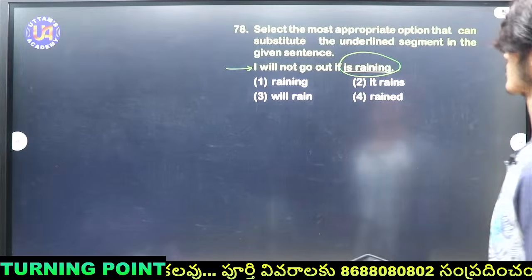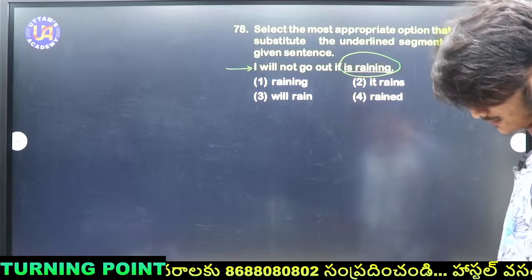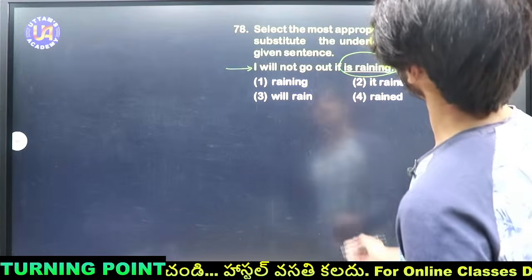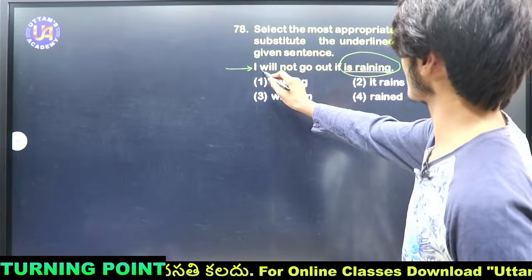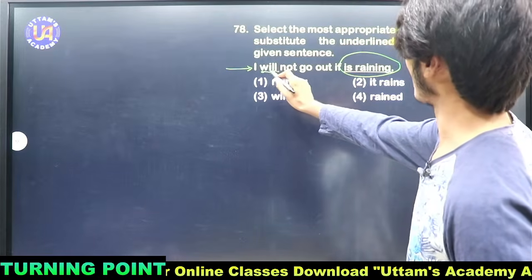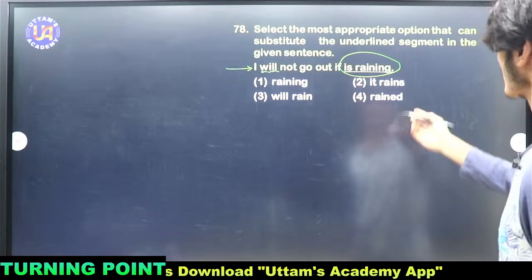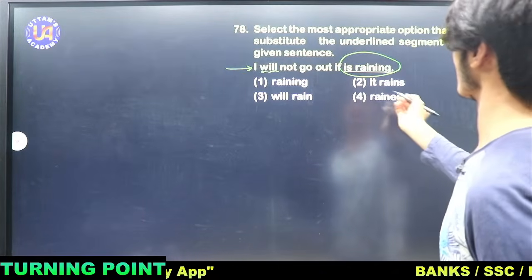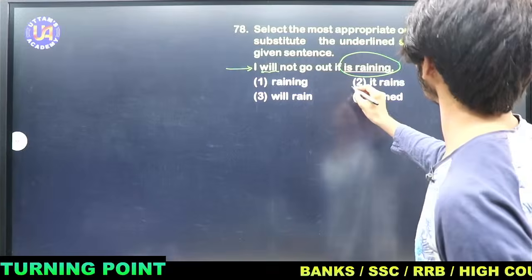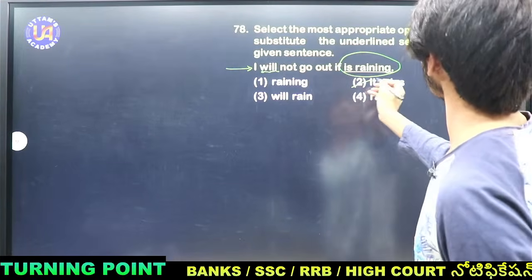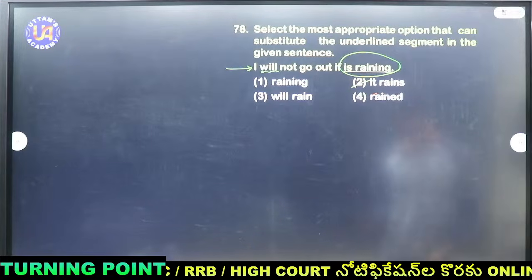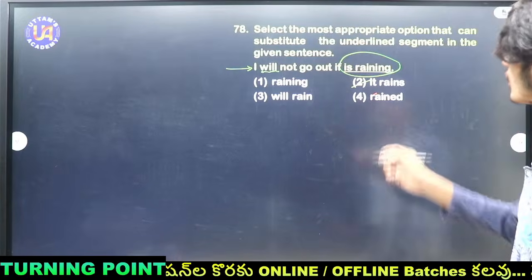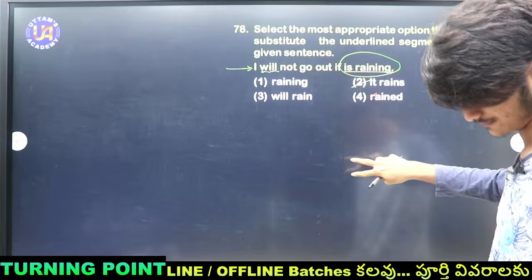Ritvik also says option 2, it rains. Ram Nikita says D. Here it is in future tense. They are asking I will not go, so you can't use a word which is in past, rain. So we must use option 2: I will not go out if it rains. Varsham padte nenu bayatiki ponu antam. So option 2 is the right answer.